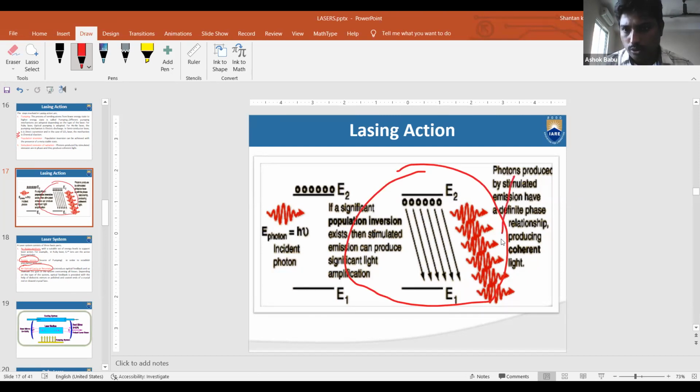For example, this is a ruby crystal, a ruby rod. The two ends of the ruby crystal are silvered. Until the light is sufficiently intense, these photons get multiple reflections between the two mirrors. After that, from the partially reflecting mirror, we get the output laser. And this is the lasing action.